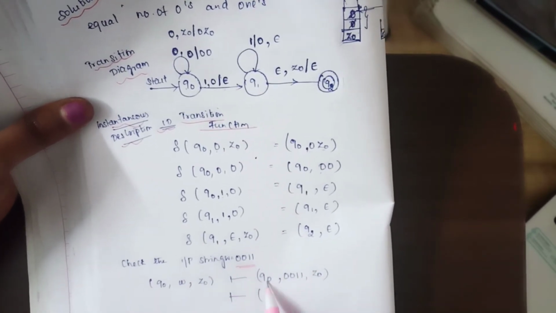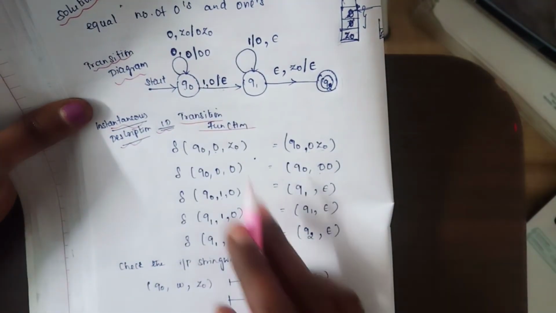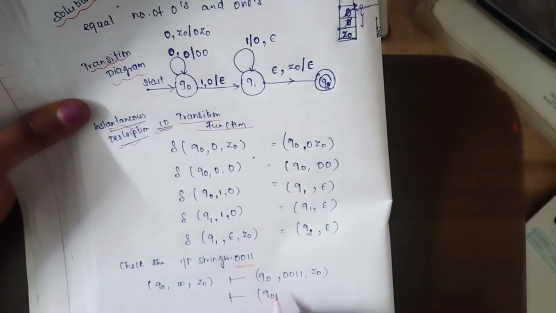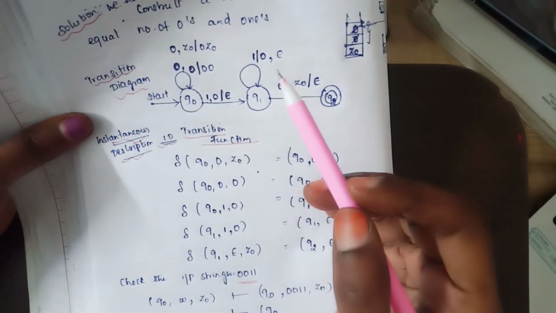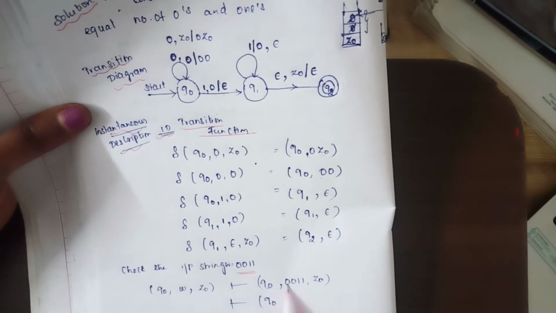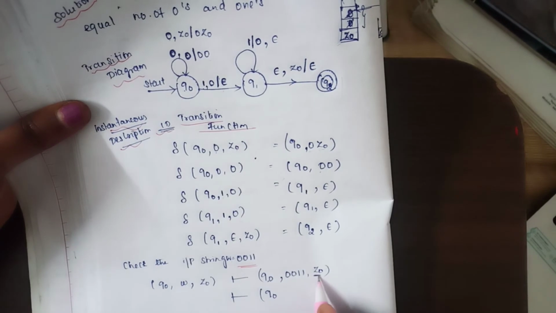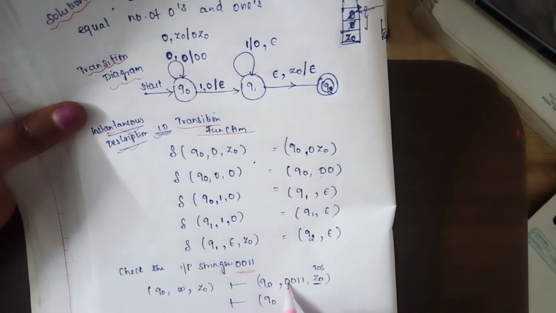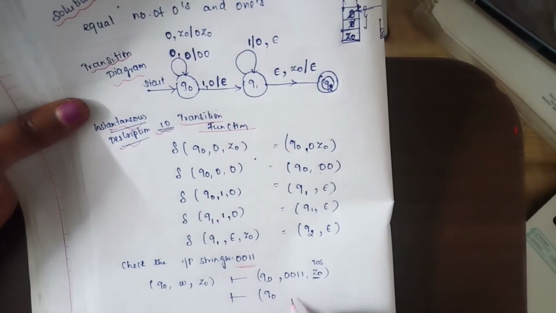So now on seeing 0 in q0, what is the thing over here? Initially the top of the stack is z0, and on seeing input 0, you will get 0 z0 with the remaining input 0 1 1.